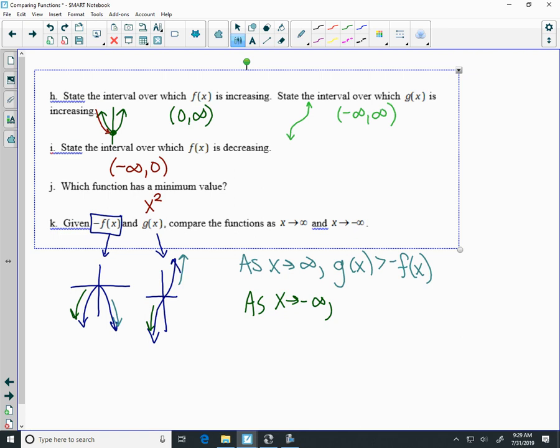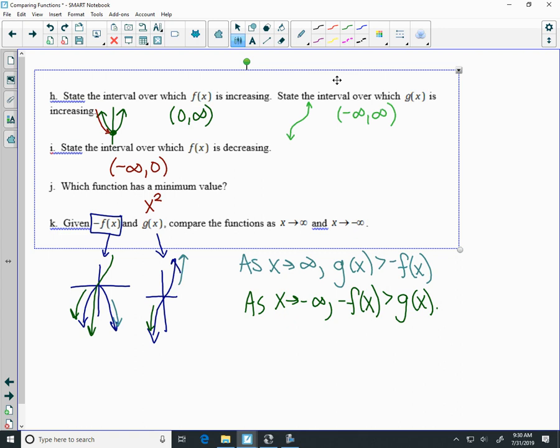Remember, x cubed grows faster and decreases faster than x squared. So if we put x cubed over here, it would look something like that, and x squared would be above it. So negative f of x is going to be greater than g of x. It just doesn't dive as fast.